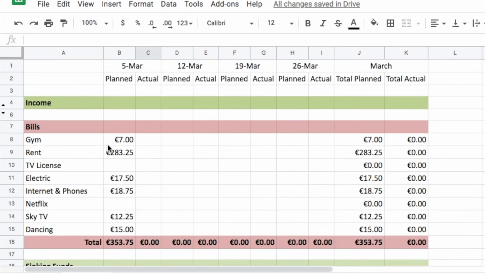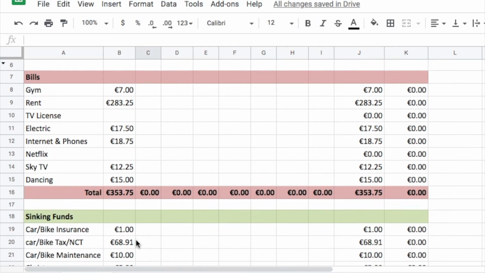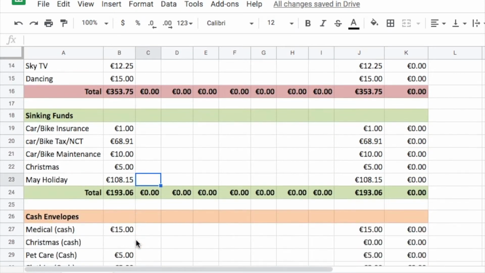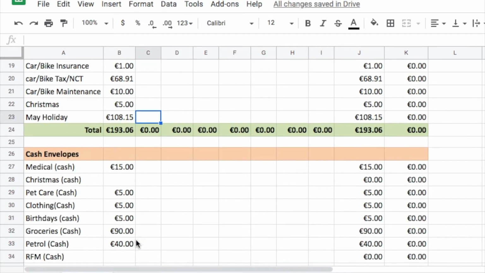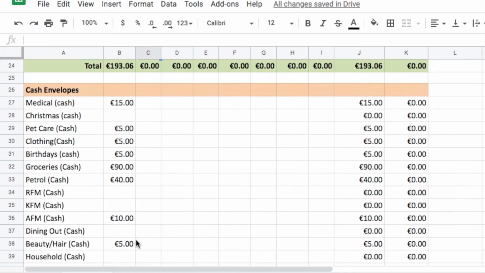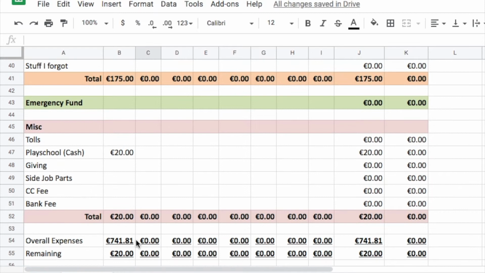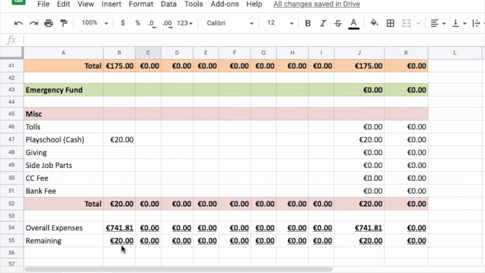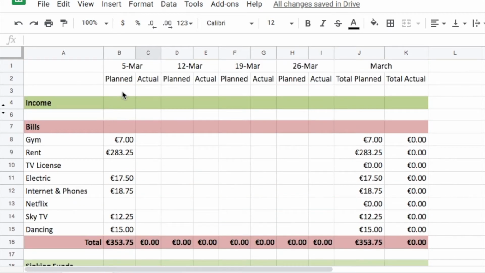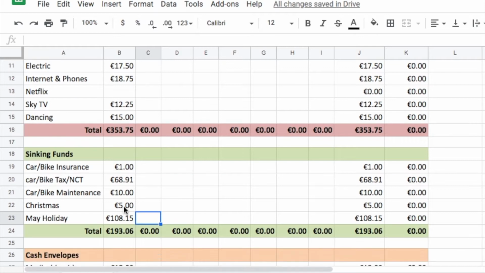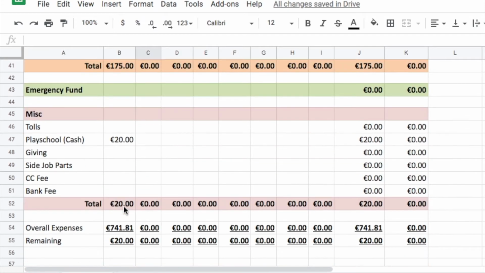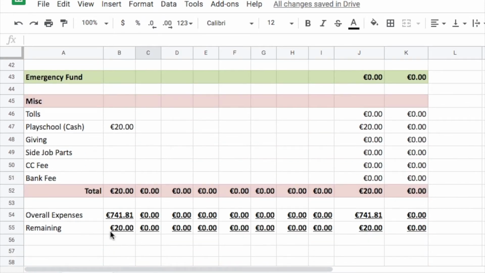So I hope if you have any questions that you can leave them down below, because I know for the first while this might seem a little bit strange because I've never really shared it with you guys before. Down here it says that I have €20 remaining, but I transferred the wrong amount into this income area up here, because this is going towards something else.